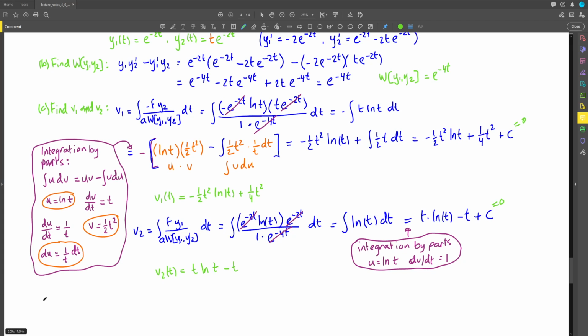Okay, and for the fourth step, we find yp, which is v1 y1 plus v2 y2.